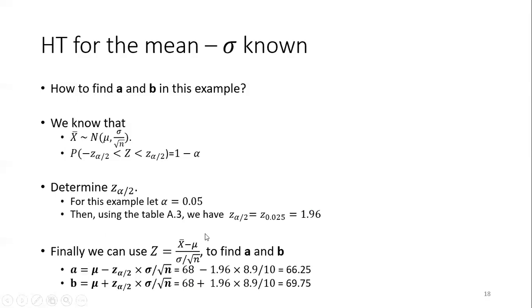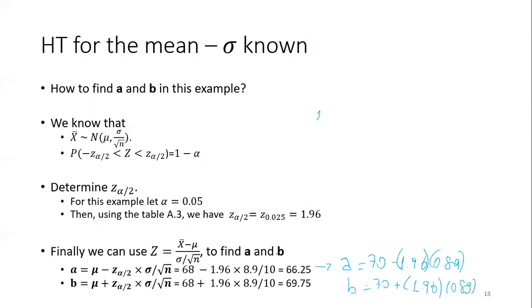So here, let me just write this. Let's say A is equal to 70 minus 1.96 times 0.89, right? And B is equal to again 70 plus 1.96 times 0.89.